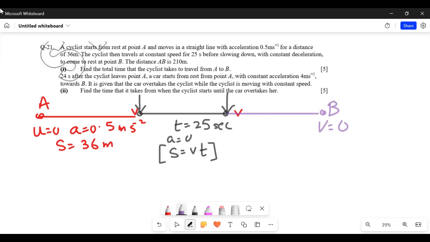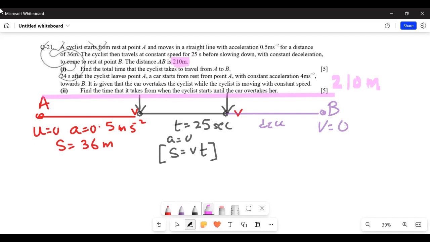Constant deceleration, again, there's some deceleration here, which is constant. We don't know the value. And the distance AB, the total distance from here to here, is given as 210 meters. This is 210 meters. Okay.